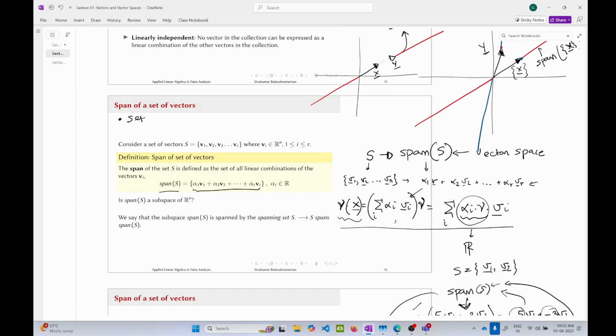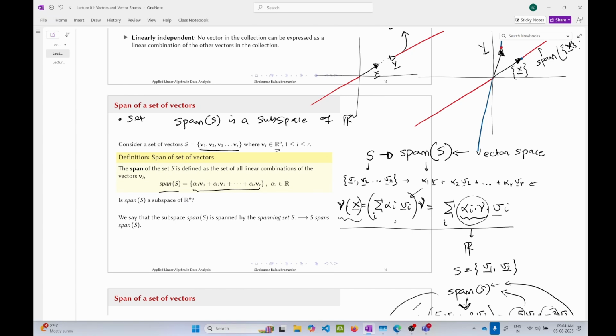So this span of S is in fact a vector space. Remember the original vectors V1 to Vr were from Rn. So we found out that the span of S is a subspace of Rn, because everything that you produce will be in Rn. So span of S will be a subset of Rn, but it's also a vector space.